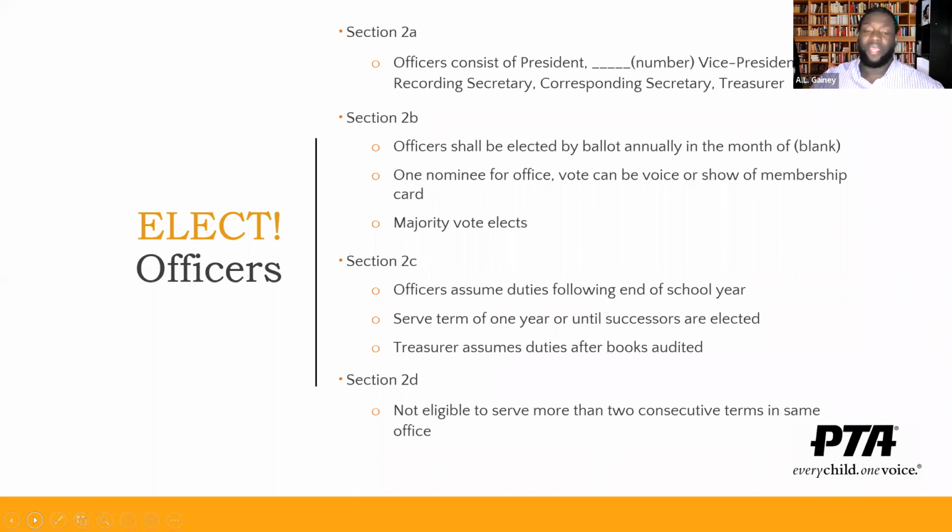So she may decide that she'd like to be a vice president for a year. After that 1 year as a vice president, or at least half the term, she could then be eligible to serve again as president if she wanted to at the next election. So that's extremely important that you keep that in mind.